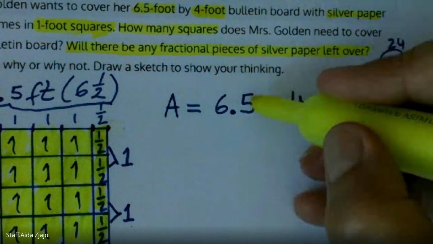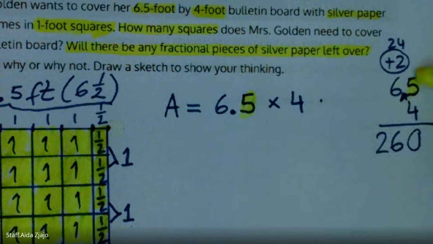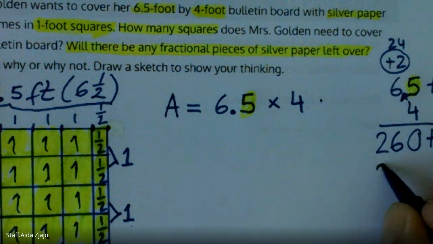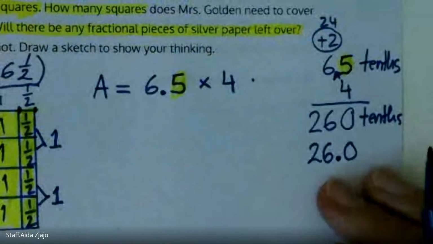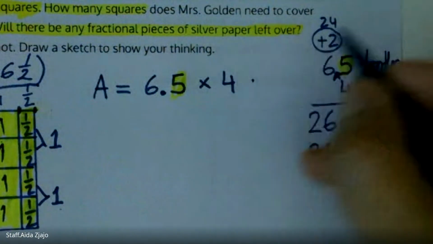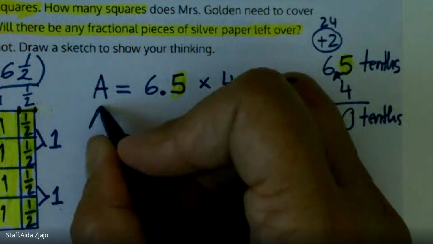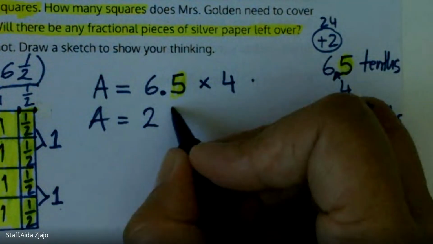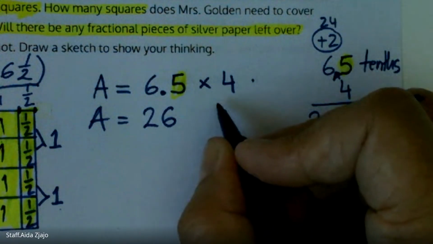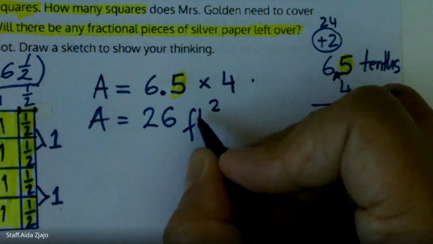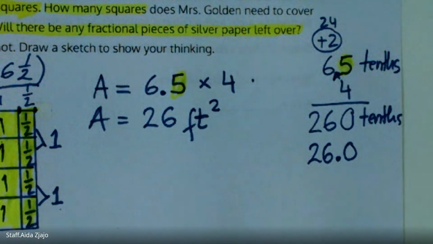So we have here the tenths, because these were 65 tenths. If this is tenths, your answer is going to be 26.0. So the answer is area equals 26 square feet.